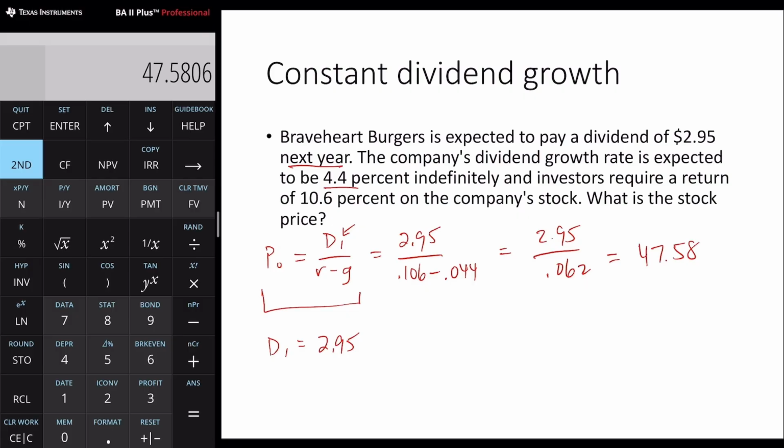Typically, I'll give you either D0 or D1, and I'll leave it up to you to figure out which it is that I'm giving you. If it says that the dividend was just paid, that indicates you're given D0. If I say the next dividend to be paid, that indicates D1. Okay.